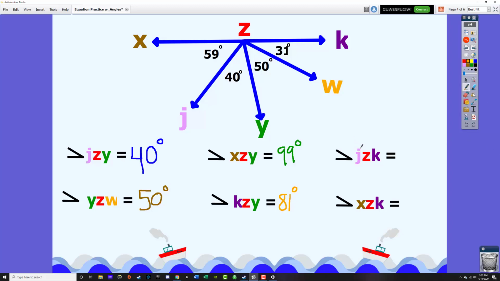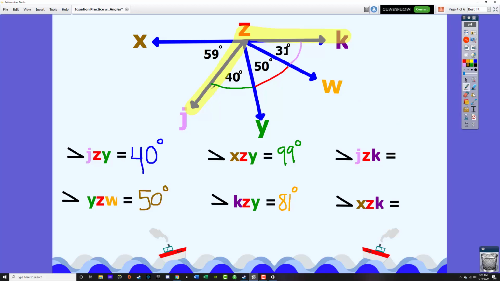Let's move to the next one. JZK. So that's angle J to Z to K. So now we're talking about an even bigger angle. Look in between these. Instead of having two segments, now we have one segment here, another here, and a third one right here.